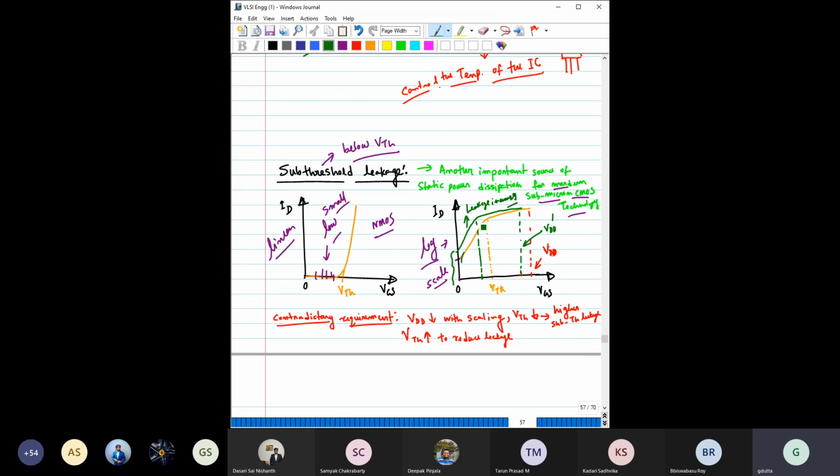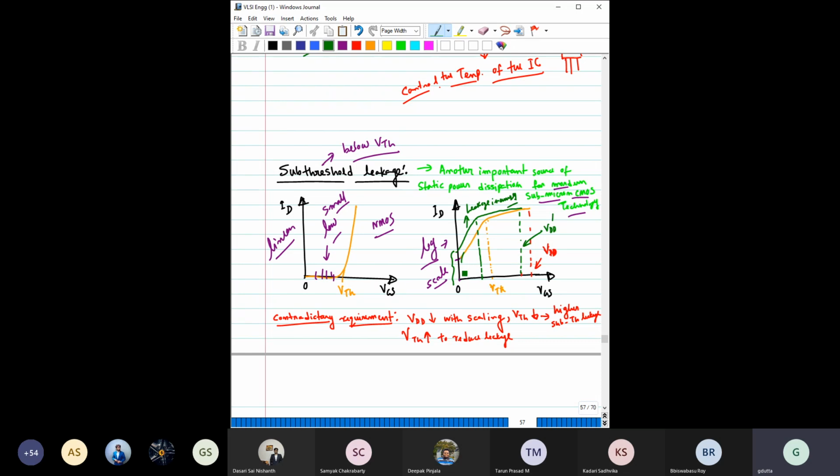The theoretical limit is 60 millivolt per decade. You cannot reduce this subthreshold slope beyond that. So there is a limit, and you cannot make the slope a sort of wall, perpendicular like this. No, you cannot do that.